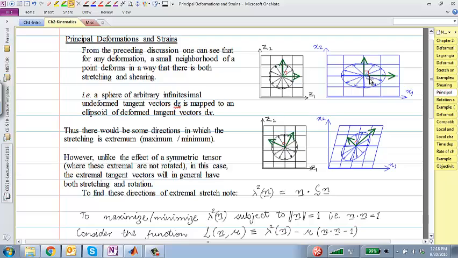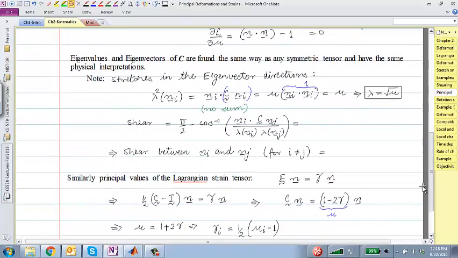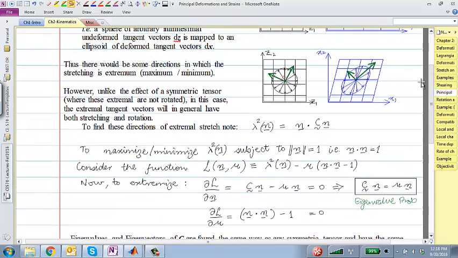Is that right? 1 plus beta whole square would be the square of the stretch, which indeed it is, and that is basically what this is saying. Similarly, for the simple shear example, if you solve this eigenvalue problem, you will see that you get two eigenvectors at, I believe, a 45-degree angle, and in one direction you get shorter, in the other direction you get longer.